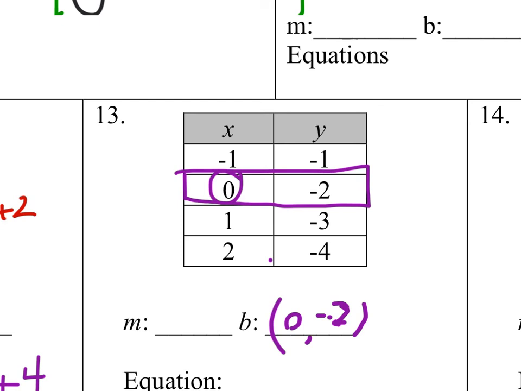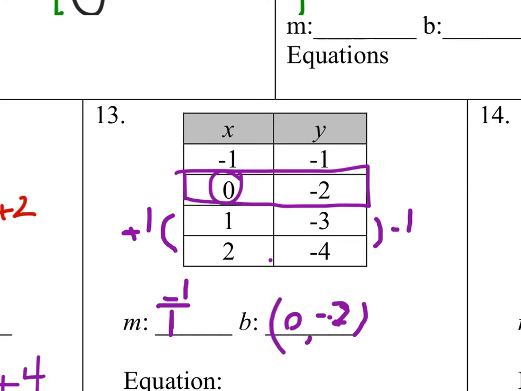And then m would be our slope. I'll do these 2 points. So this would be -1. And this would be +1. So it would be -1 over 1, which would just be -1.